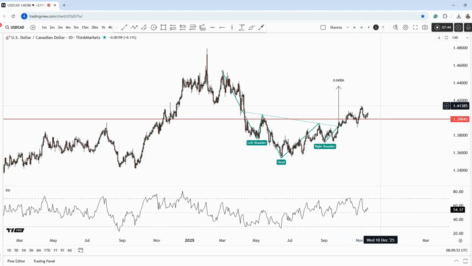Target initially 141.45, then 142.50, and then of course let that run for the rest with a trailing stop, and manage around the levels as we head into year end because we have a few weeks for 2025 to end.